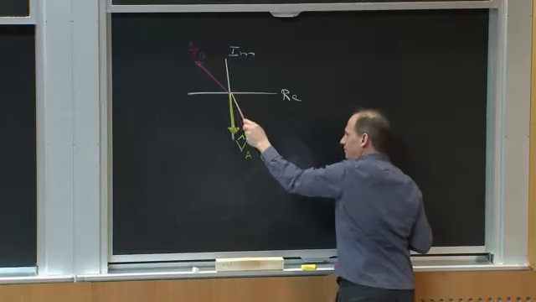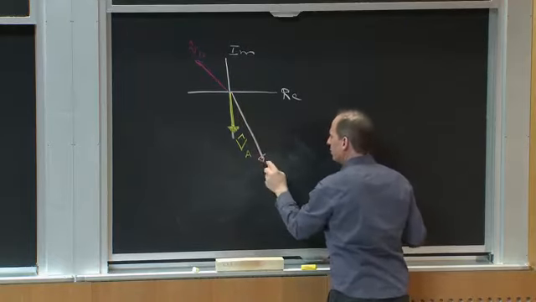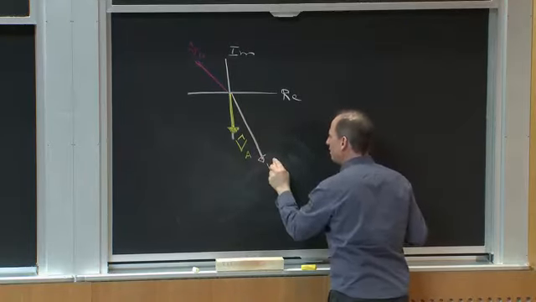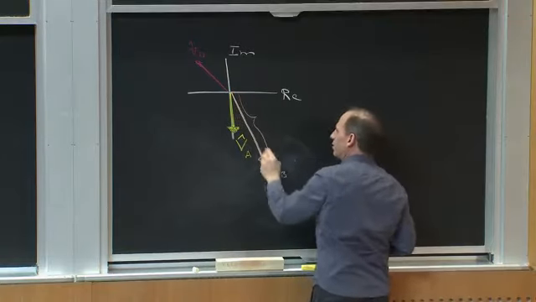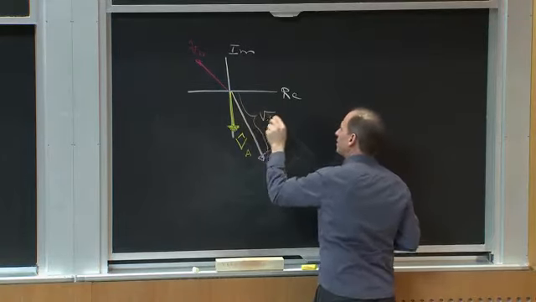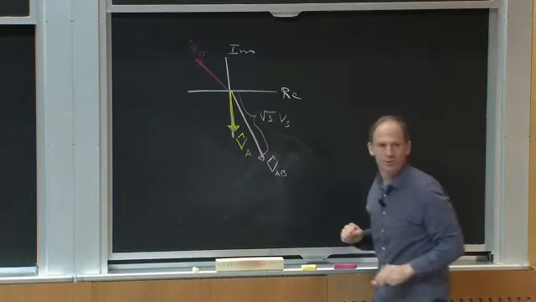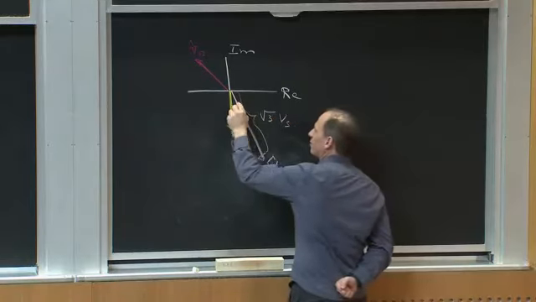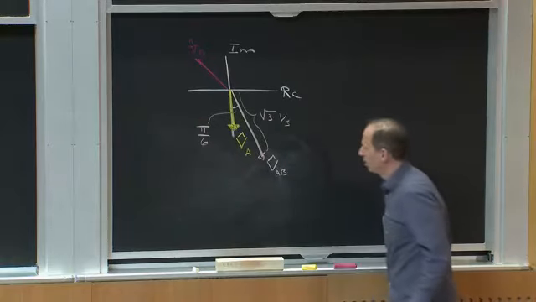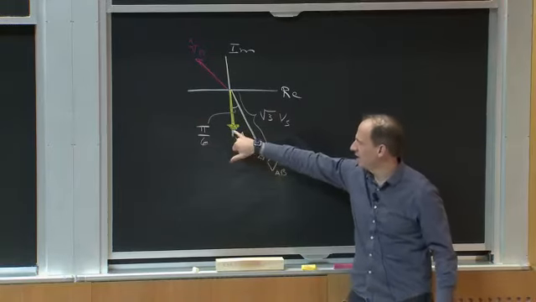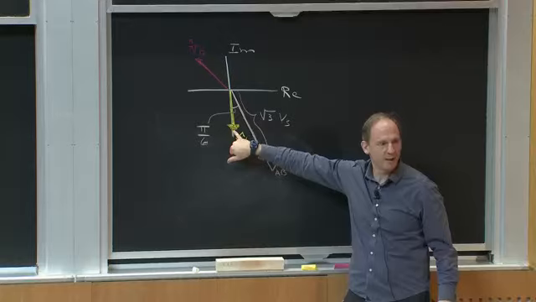So this would be VAB hat. It turns out the length of this vector is the square root of 3 VS. This is just basic trigonometry. And the phase of this vector is pi over 6, so VAB will lead VA by pi over 6.